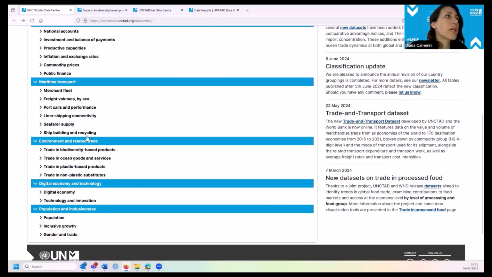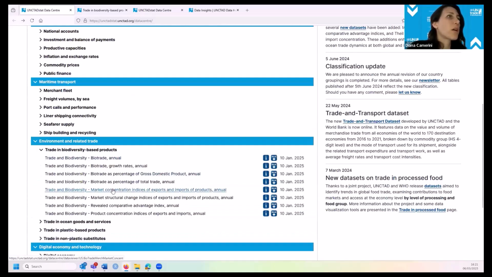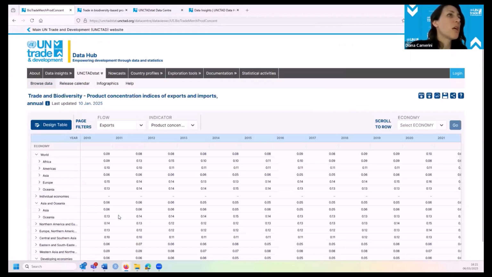The same type of indicator, but not anymore by product, but rather by market, is seen in the product concentration indices, which is the other way around. So it sees how much export and imports of many or just a few products are concentrated around a certain economy.